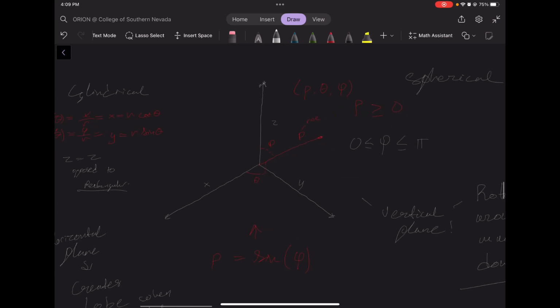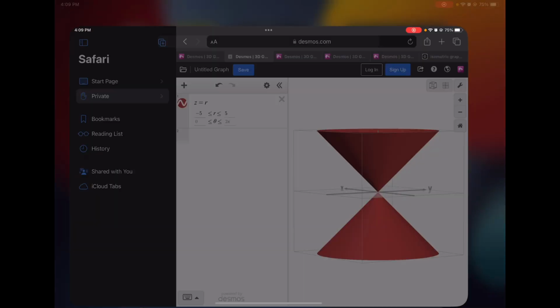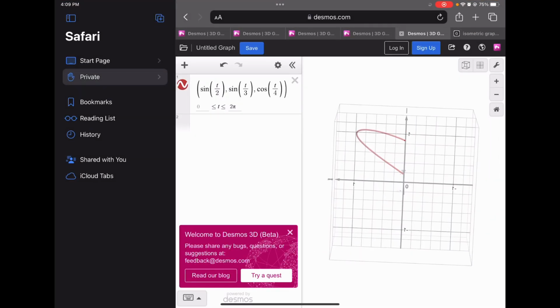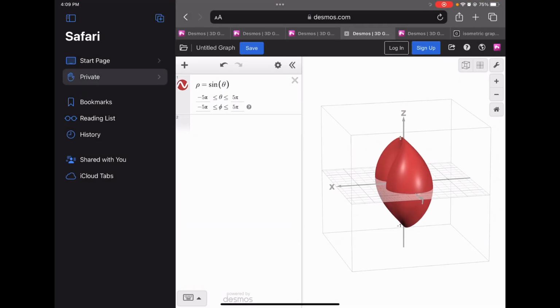Because it's rotational in that way, and its angle is based off of the angle with rho between z and y in the plane, it creates the donut. So let's demonstrate that. It creates the donut.